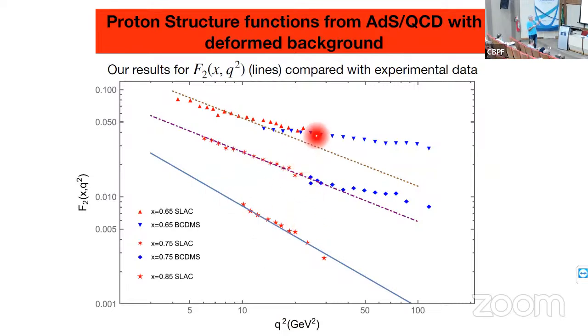As we go to smaller x, we are departing from the experimental data. For small Q, we are not very bad, but when we grow Q, we lose the data. Typically, we would need a second approach for small x, but for large x, it seems to be very good.